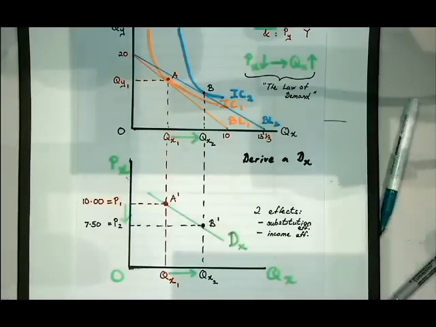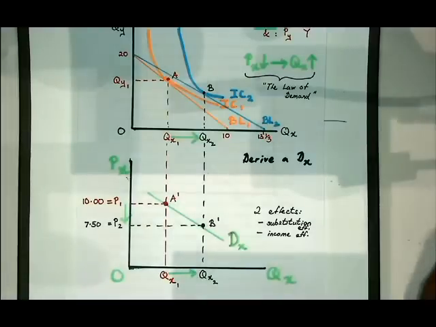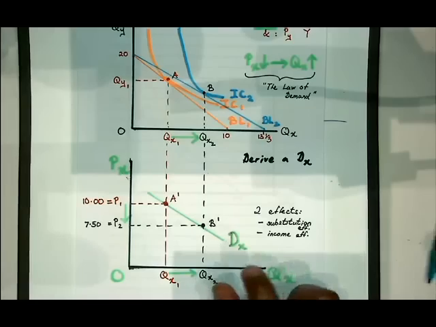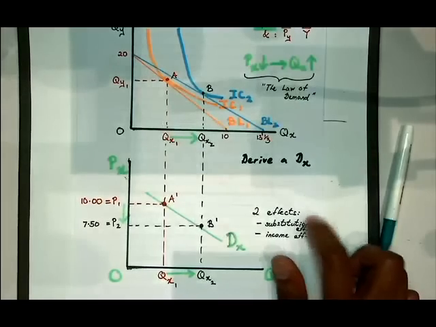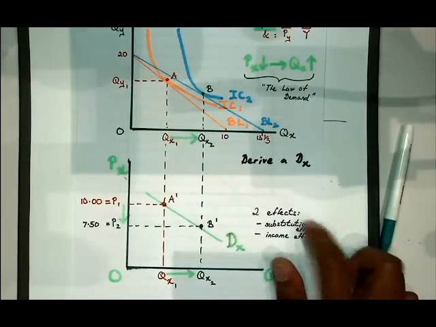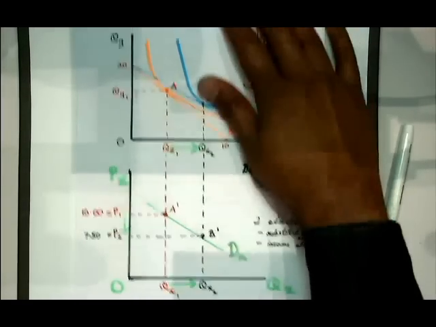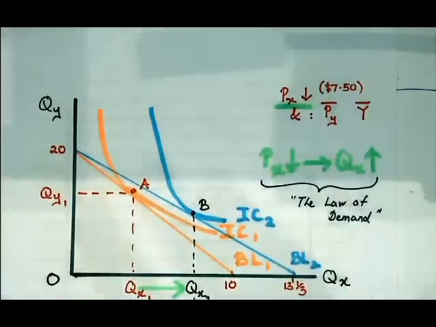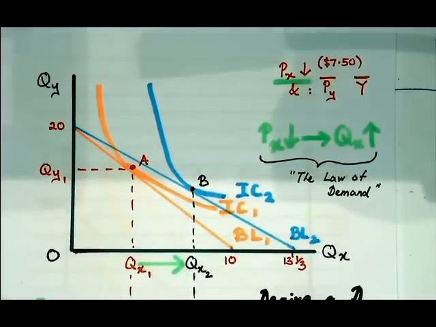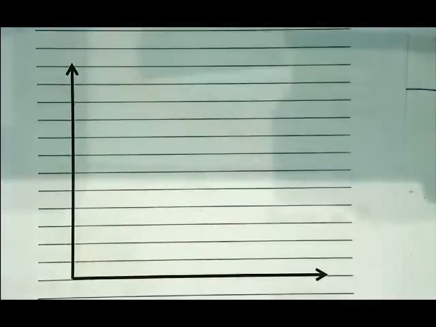So the very last thing we did in consumer theory was to break down everything we've just done into the substitution effect and the income effect. To do that, all we need is the top graph, but because that's a bit messy and crowded as it is, we'll draw one afresh. Top graph all over again.